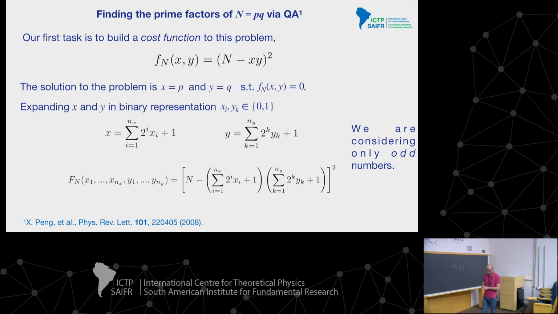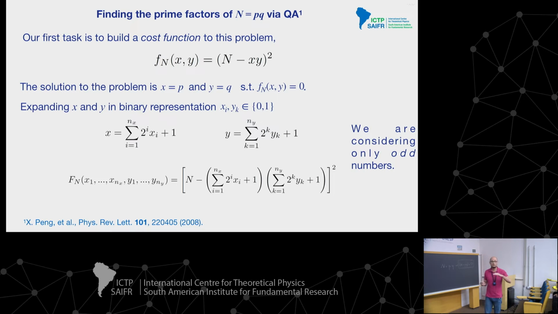That's why we wrote this problem as n minus p times q is 0. That's our idea of mapping this factoring problem into the Hamiltonian. So our cost function is this one. Okay, what's the reason for this number 2 here? It's because I'm interested in having a lower bound, that's 0, right?